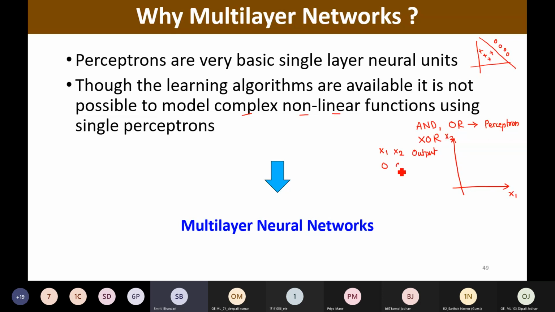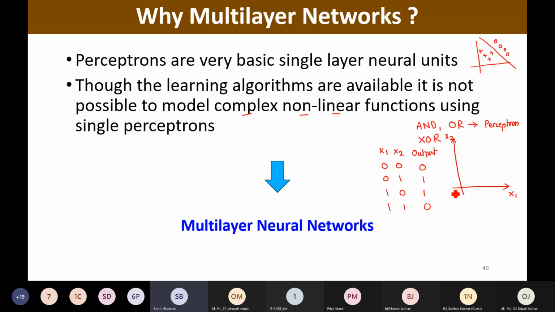If I am having the input 0, 0, then I'll be having output as 0. If the input is 0, 1, then I'll be having the output as 1. If it is 1, 0, then also the output is 1. And if it is 1, 1, then the output is 0.